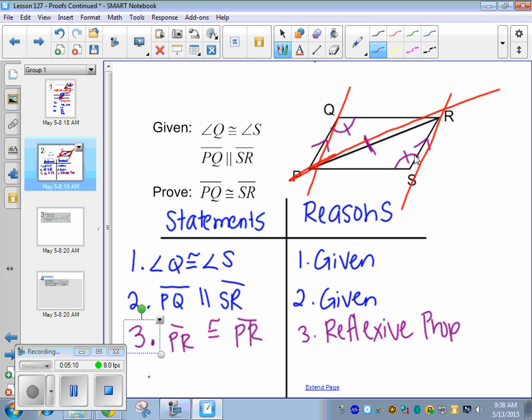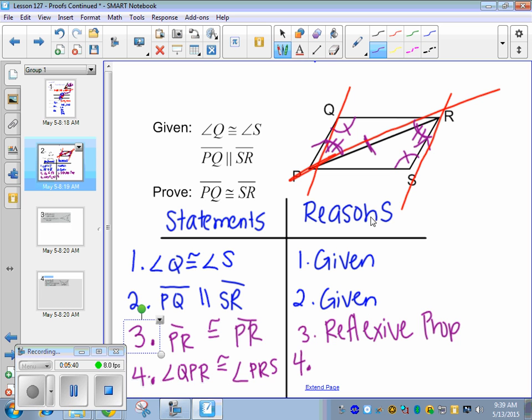S and Q. We already marked those because of given. R and P. Okay, but we have to say where on R, right? This one's not it, but this one is. So we've got this guy here, congruent to that there. So for angle 4, we would say angle QPR is congruent to angle PRS.